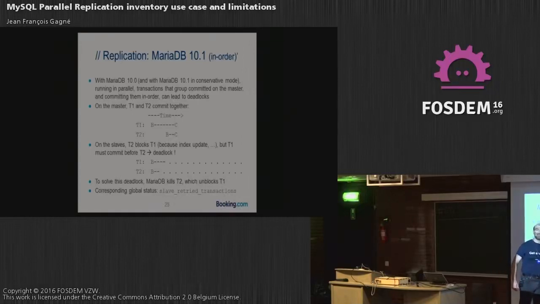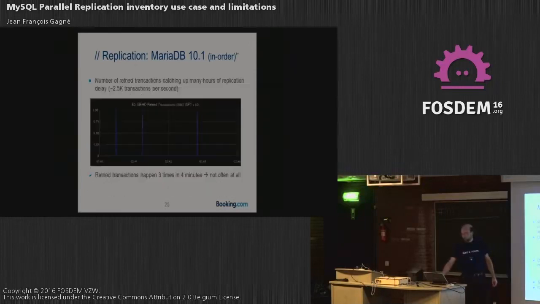T1 is waiting for T2, but T2 is waiting for T1 to commit before committing itself, because we have in-order commit. So here we have a deadlock. And to solve this deadlock, MariaDB will kill transaction 2. And you can monitor that with the status. That really doesn't happen often. It really needs a situation where things are really aligned for this to fail.